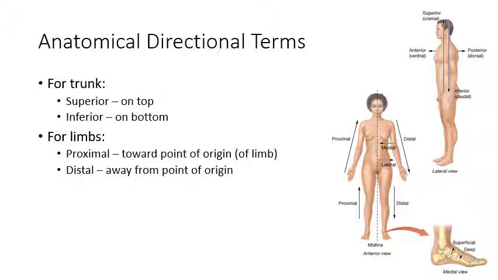But if you were to raise your arm over your head, now it would be below your wrist, so now it would be inferior to your wrist. And that could get confusing, so we want to make sure that we're always using terms that are used the same way every time, so we prevent confusion. So that's why we use proximal and distal for the limbs. No matter where your arm is, a cut that's on your forearm is always going to be proximal to your wrist, no matter what position that limb is in.